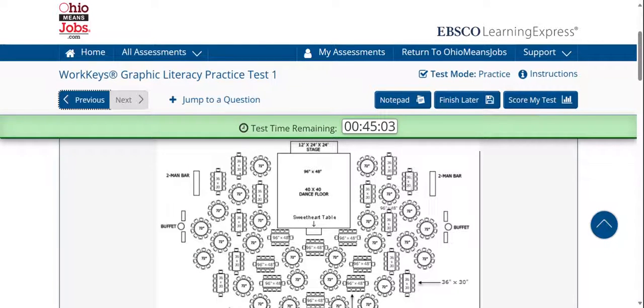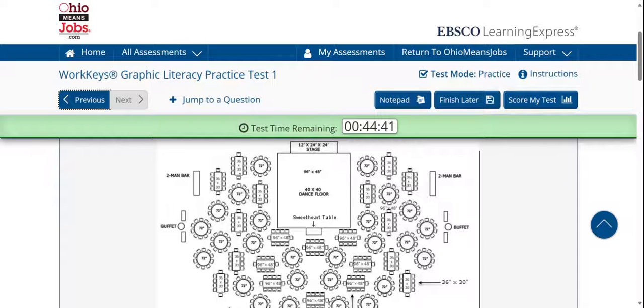And again, this website provides definitely a practice test one. And I noticed when I took the graphic literacy practice test one and I completed it, they actually had a graphic literacy practice test two. And so you can take multiple practice tests within this particular website.